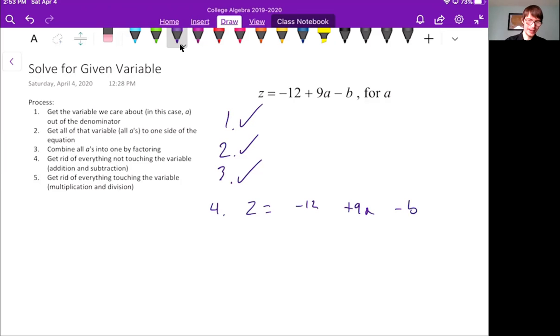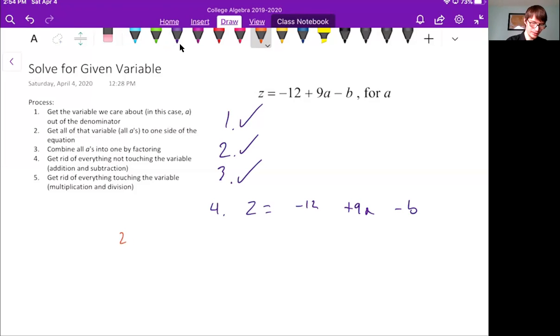If we're trying to get rid of everything that's not touching the variable, here's what we can do to make this easy. We'll section it off a bit. We'll make a section every single time we see a plus or minus that's all by itself. If we're in a fraction and there's a plus or minus, then we won't care about this.